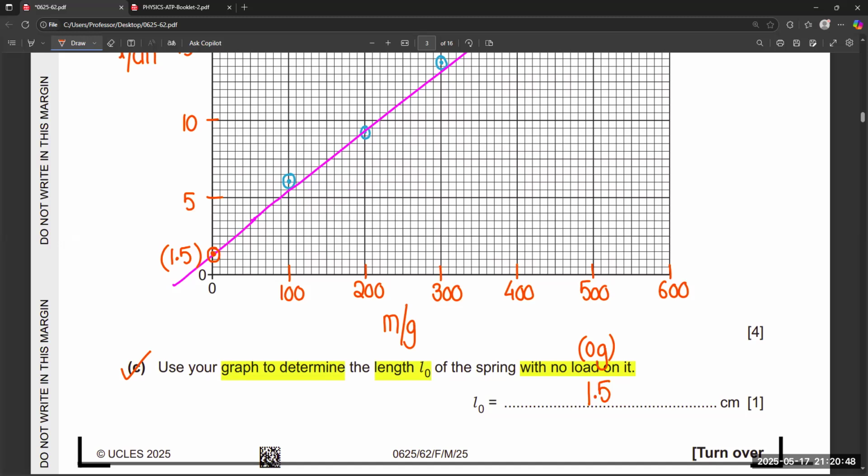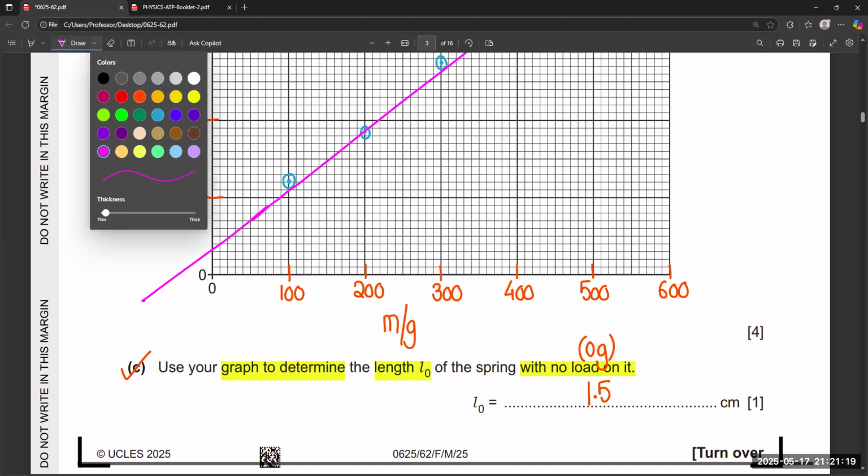Okay. Or if you make it more sharp, you will get a more accurate reading, like this. So now it is 2.